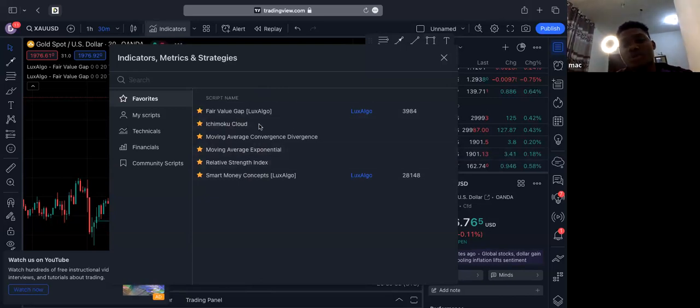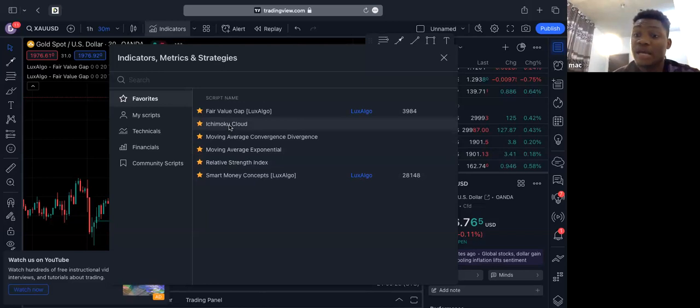The essence of me doing all these indicators is to show you, you end up liking some of them. 90% of people in the group or anywhere else always prefer smart money concept, SMC. Rarely do people use Ichimoku cloud. Just take it as a test: ask anybody you know that trades, do you know what the Ichimoku cloud is?